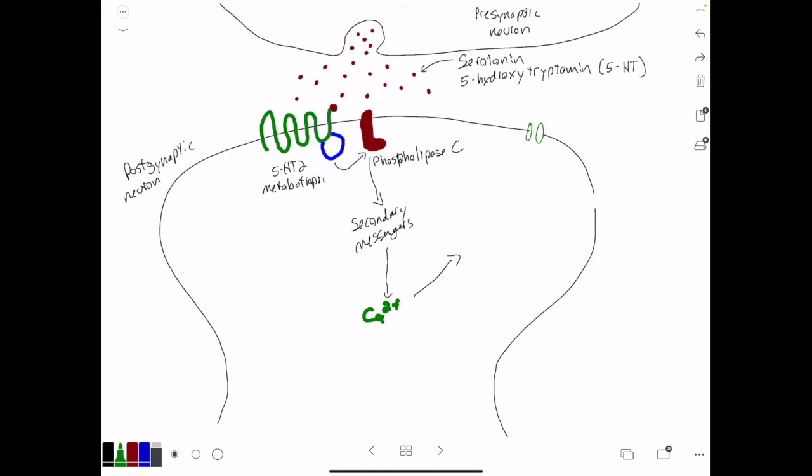The colors aren't going to carry over from drawing to drawing, so the colors will start from scratch again. I think green was sodium last time, but this is actually calcium now. Calcium, and these are voltage-gated calcium channels. And then also another receptor over here, and this is our NMDA receptor.